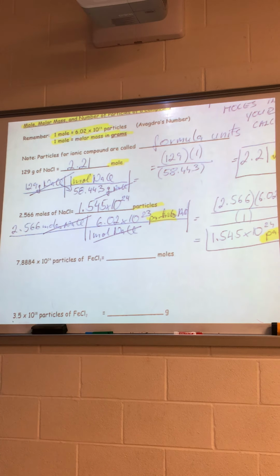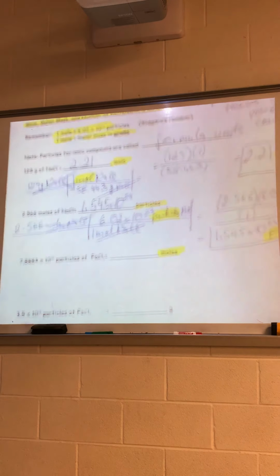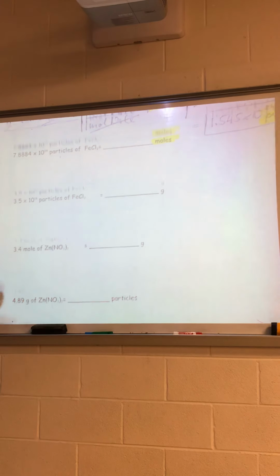Alright, the next one that I have is 7.8884. I go from particles to moles. So underline what you need to get. You need to get moles. So you write down what you have given.